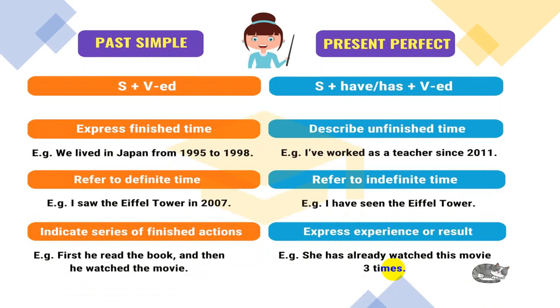Past simple tense, as we talked about it before, is formed by subject plus the second form of the verb. It is used to express finished times.